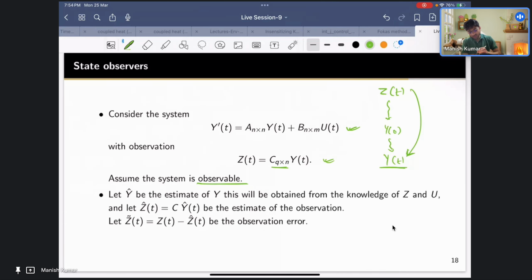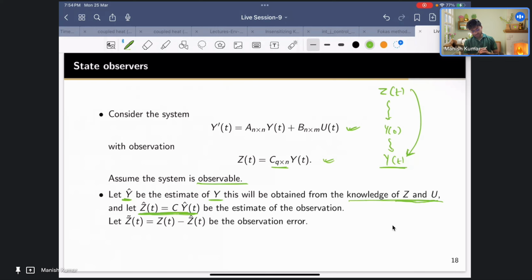You define this y hat to be the estimate of y, and the estimation is done using the knowledge of z and u. Then you define this z hat, estimating the observation using this estimate y hat.